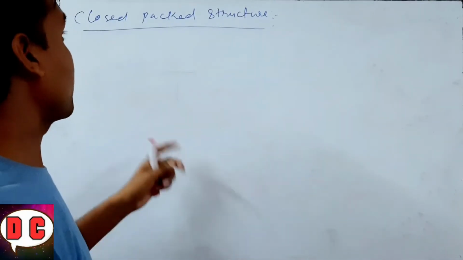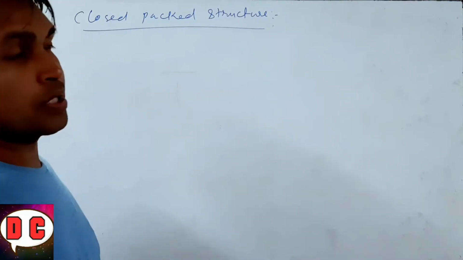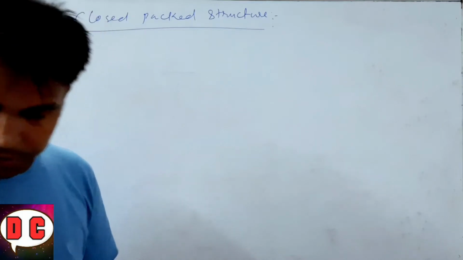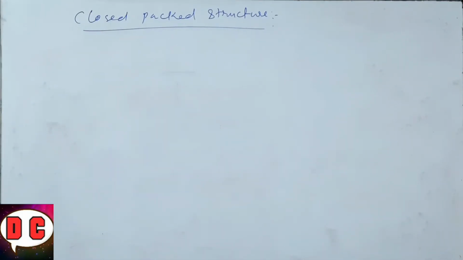Those structures in which the atoms are very close to each other, we call close packed structures. There are three different types of close packed structure.